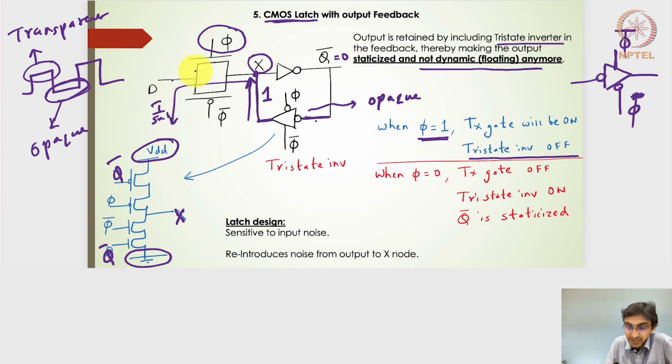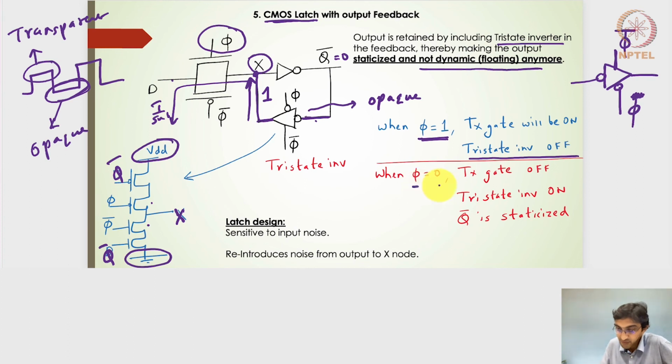During the transparent stage, the transmission gate passes the signal, whereas for the tri-state inverter, phi equal to 1 means phi bar is equal to 0, so this NMOS and PMOS transistor will be off. So the tri-state inverter is required only in the opaque state.